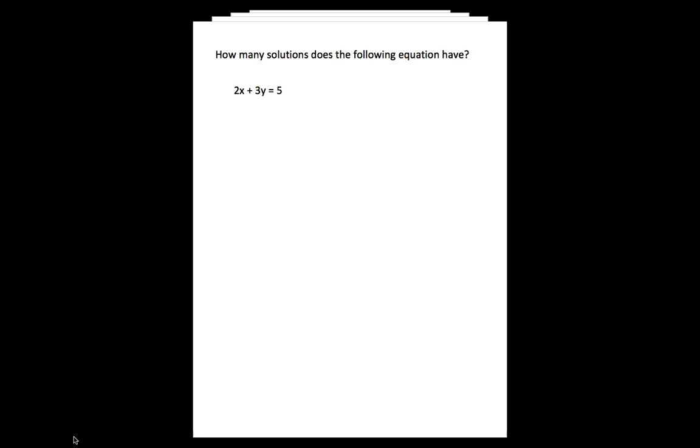And we said because of the two variables, there's an infinite number of solutions. Any point on the graph is a solution of the equation. There's an infinite number of points on the graph as characterized by the arrows that we draw on the ends of each line. So two variables, infinitely many possible solutions.